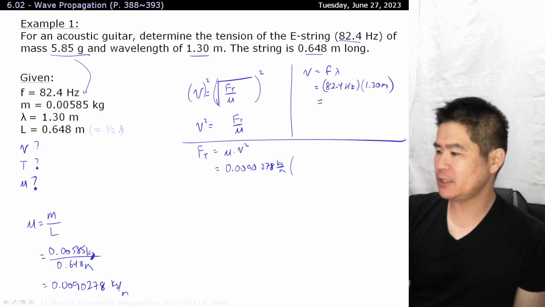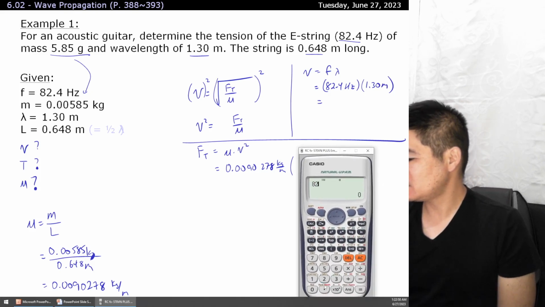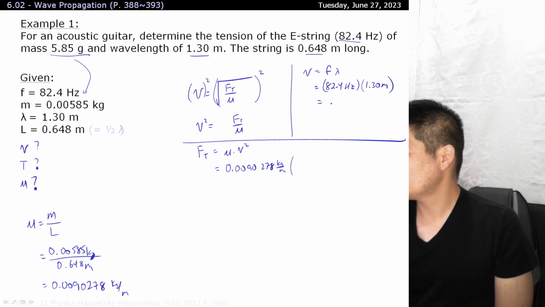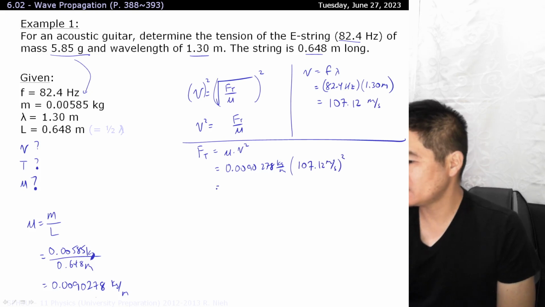So we pull out our calculator. 82.4 times 1.3 will give you 107.12 meters per second. Okay, so 107.12 meters per second squared.